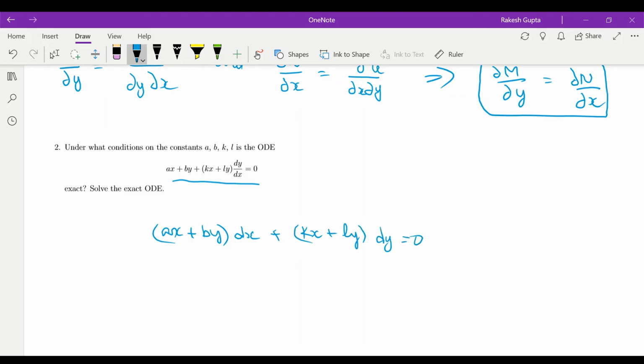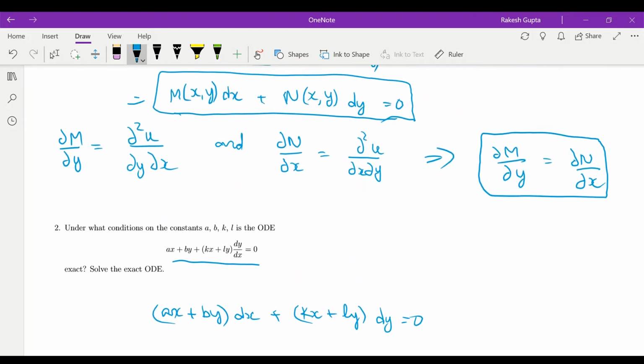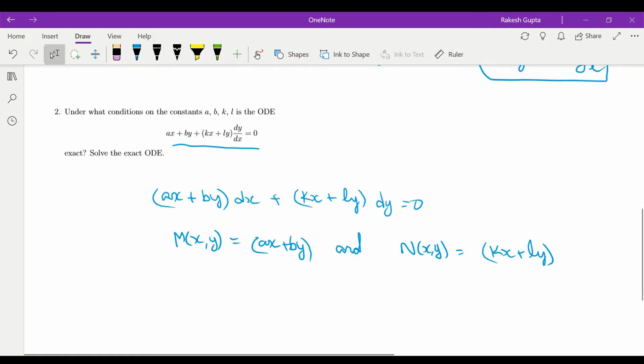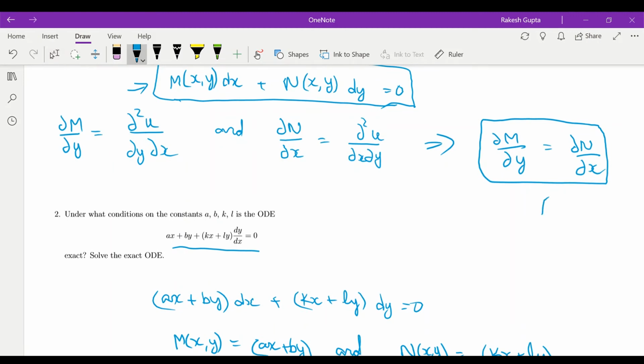Now when we compare this equation to the exact ODE equation, we'll get, so I got this by comparing the two equations. Now we have to apply this condition so as to get a relation between the constants present in the question.